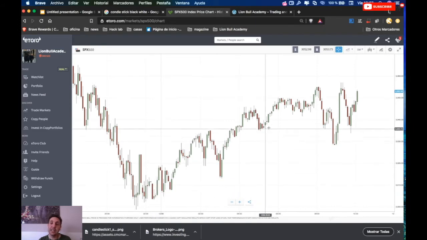But the general, main tendency of where the market is moving is up. How do you know that? Because the lows of this movement are always higher than the lows of the previous movement, like you can see here. These are the lows, the lowest part of the candles. This tells us that the real tendency is up.